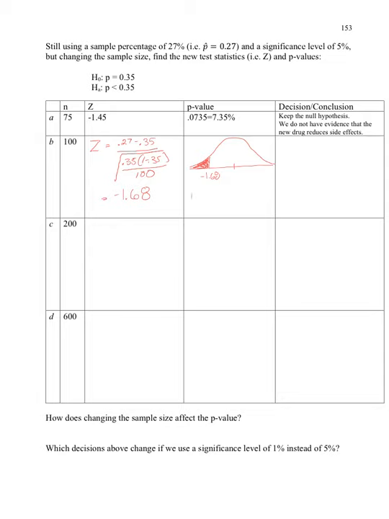The area, when we look that up in the normal table, is going to be 0.0465.